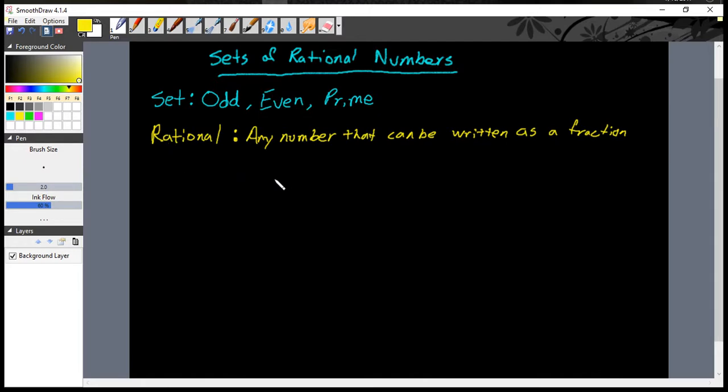Right? Any number that can be written as a fraction. The number 4, we can write this as 4 over 1. So it's rational. The number 0.5 is actually 5 in the tenths place, so 5 tenths. And so that is rational.